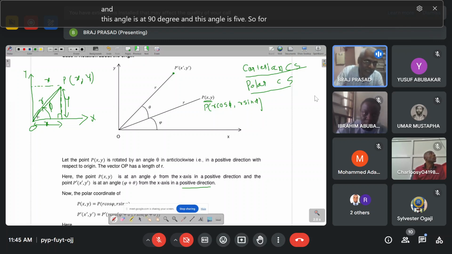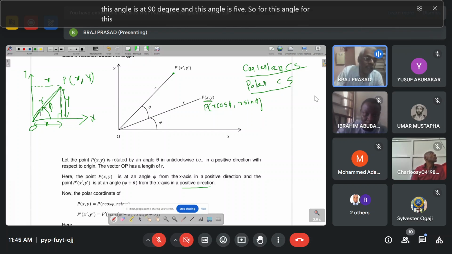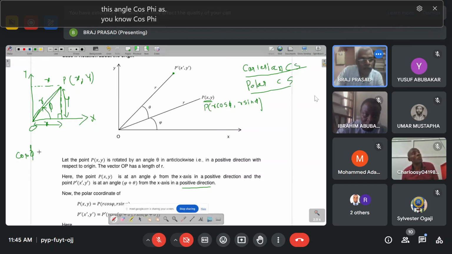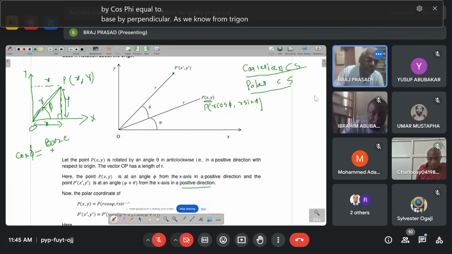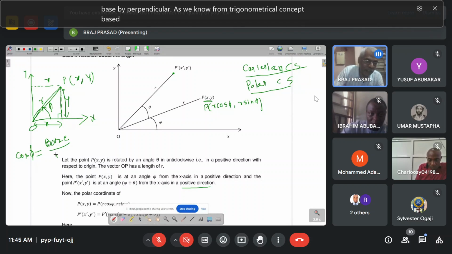So for this angle, cos phi equals base by perpendicular, as we know from trigonometrical concept.